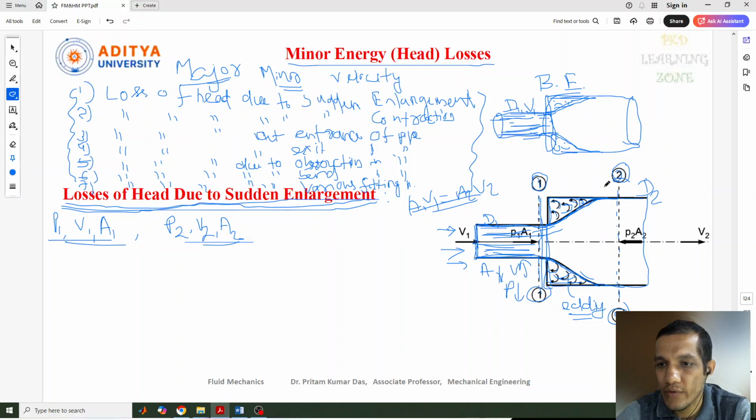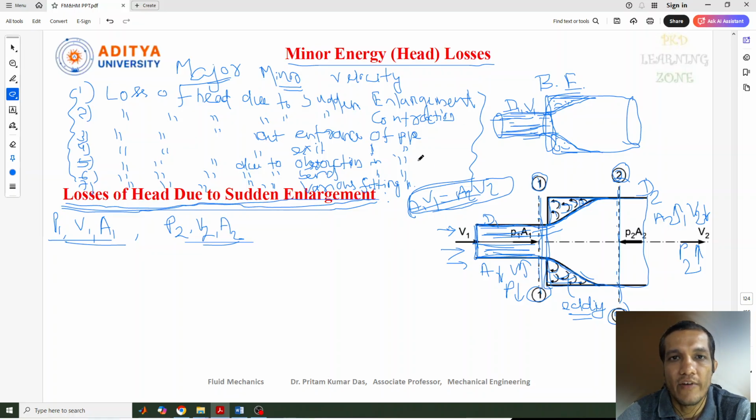But at the second section, your area is more. A2 is more, so velocity V2 is going to decrease, but pressure P2 is going to increase, because all are related. This is the area-velocity relation. After that, from Bernoulli's equation, we will get the relations of velocity and pressure also. These are the two sets of parameters at section 1 and section 2.